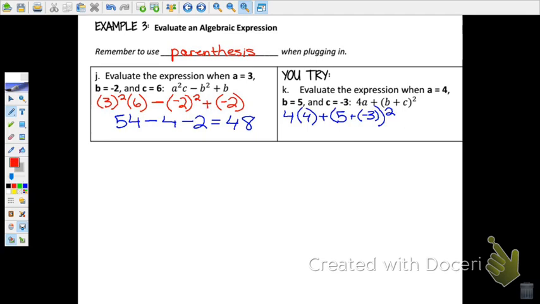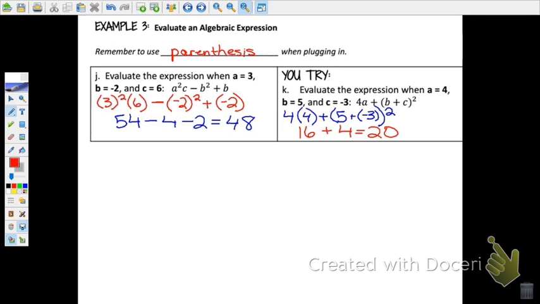So we need to start with that parenthesis. 4 plus a negative 3 is the same as 5 minus 3, which gives me 2. 2 squared is, shout it out, 2 squared is 4. In front, 4 times 4 is 16. So 16 plus 4 gives me that answer of 20.